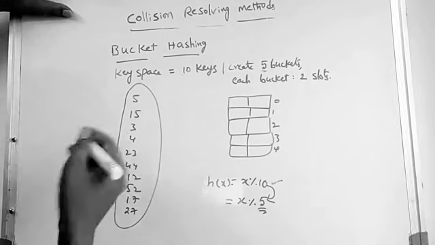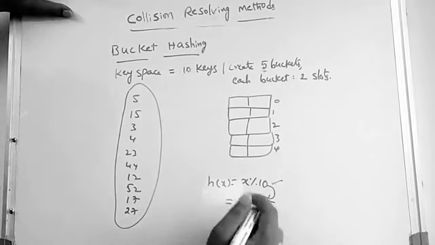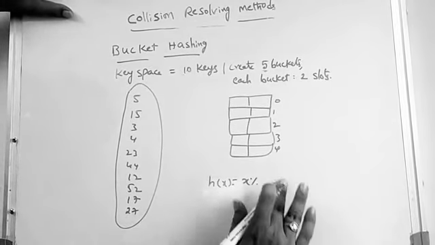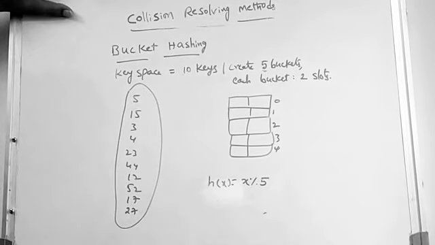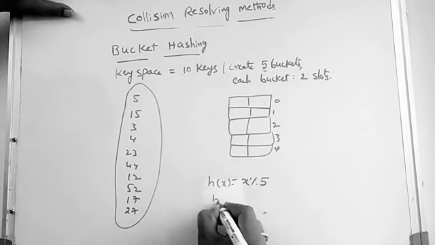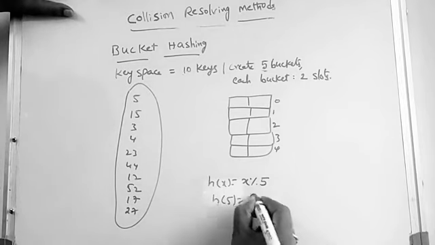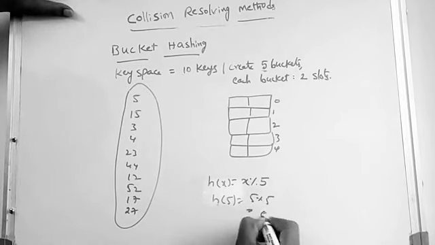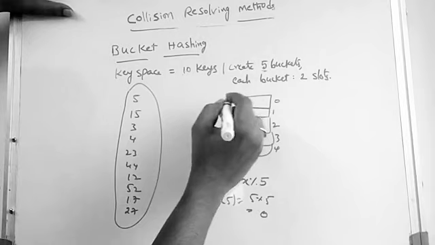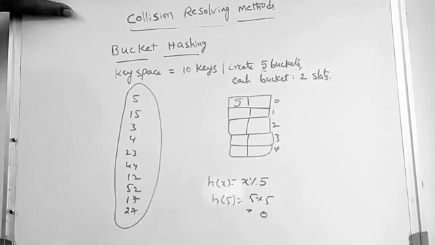So let us apply the calculation. It is changed to mod 5. First value, h of 5 is 5 mod 5, remainder is 0. At index 0, in the first slot, 5 is stored.